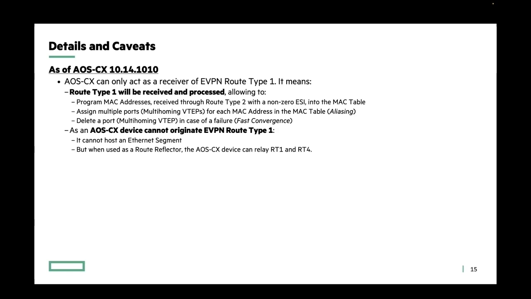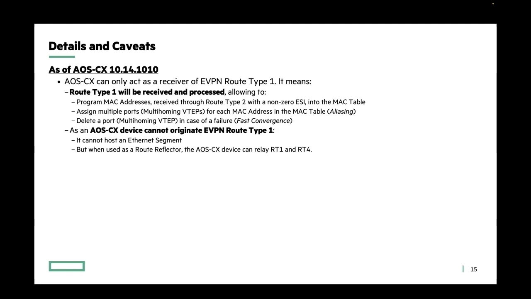And so doing that, it will automatically assign multiple ports for each MAC address. So this is what we are calling aliasing. And finally, it will also allow removing the multi-homing VTEP as a next hop in case of a failure on this link. This is what we are calling fast convergence.